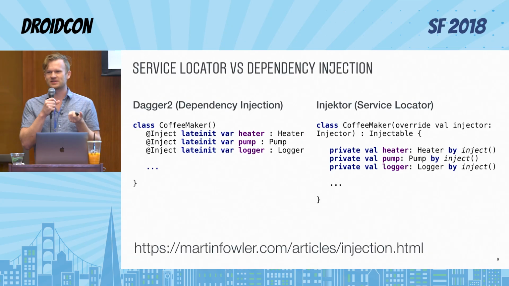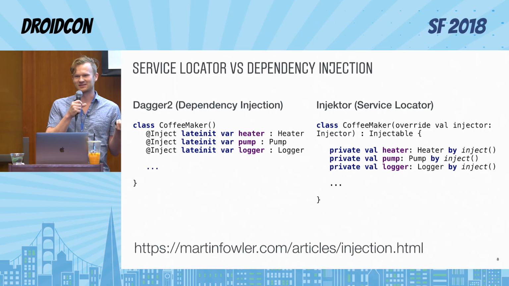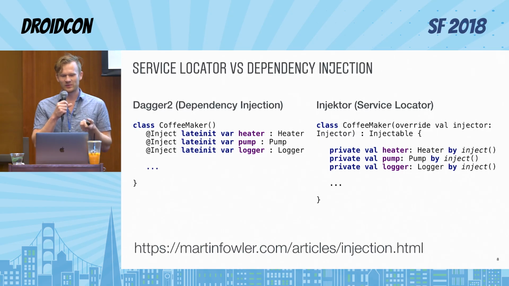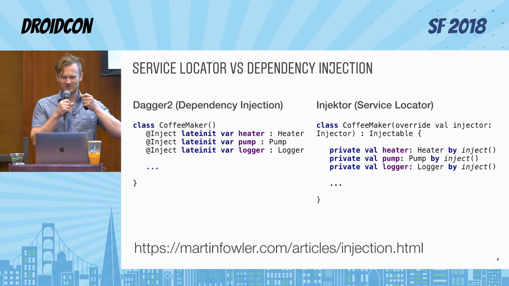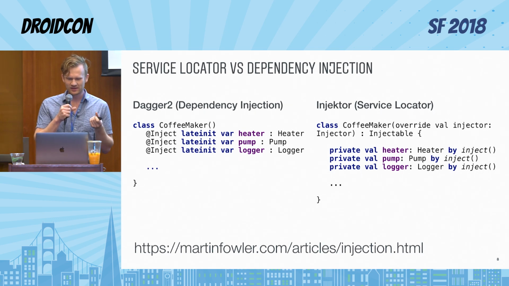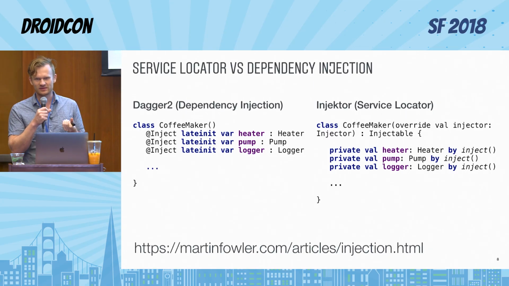And this is a pretty hot topic of debate in the Java and, I guess, Kotlin community: whether service locator is bad or not. But I strongly recommend you read a very old article by Martin Fowler. It was written more than 10 years ago, and it's still relevant.